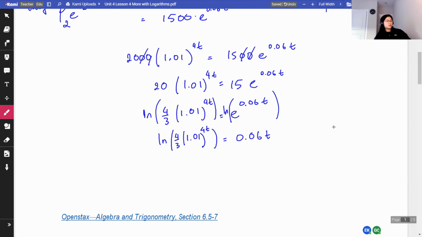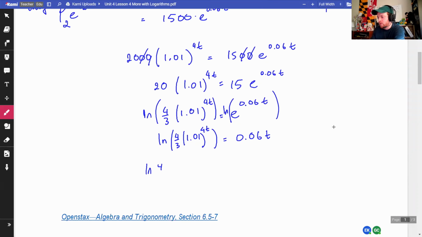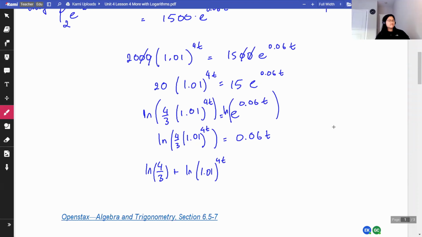We have to break up 4/3 and 1.01 to the 4t. Because the 4/3 is not being raised to the 4t. So we have ln 4/3. Make sure I'm using my log rules correctly. ln 1.01 to the 4t. Let me actually put the 4t in the parentheses just so I'm not confusing anyone.